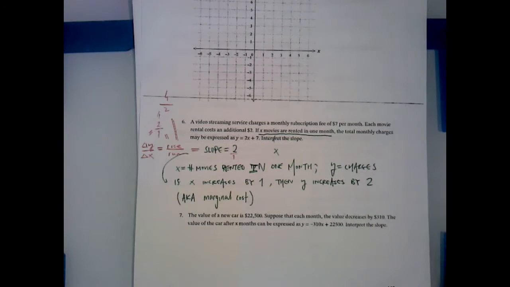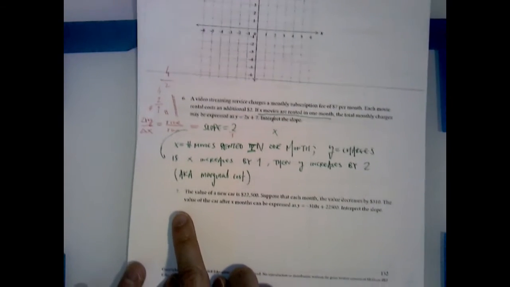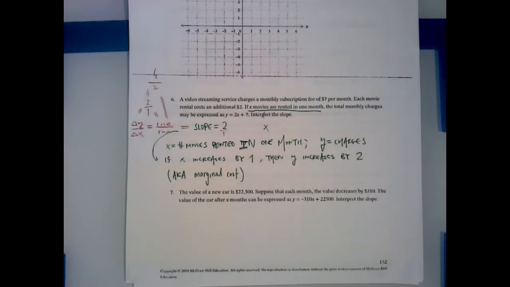Let's take a look at this one here, and then we'll reconnect to some of the previous examples, and then that's it. Number 7: the value of a new car is $22,500. Suppose that each month the value decreases by $310. You have a new car, but over time it depreciates because of usage.